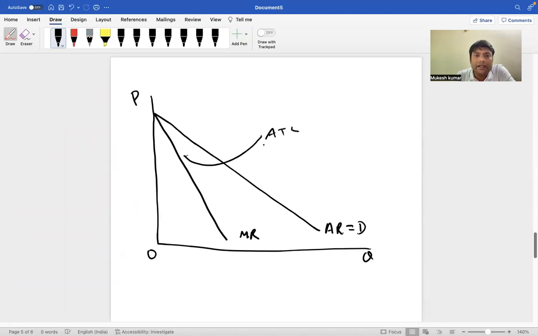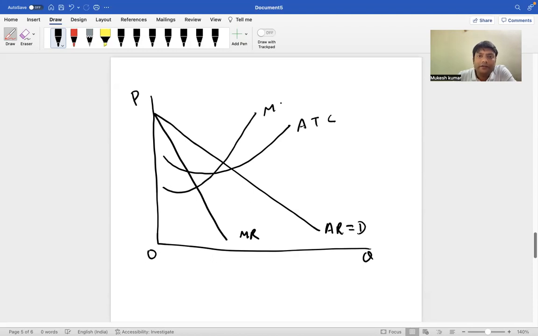Average total cost is like that, and marginal cost is, suppose, like that. So for the profit maximizing condition under the monopoly, this is the point.